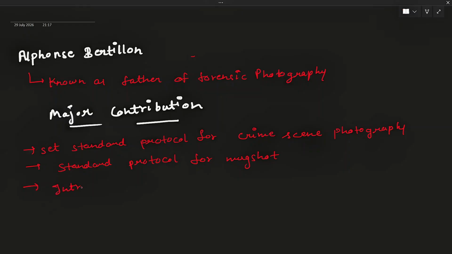Introduced systematic documentation. Then improve police identification methods.